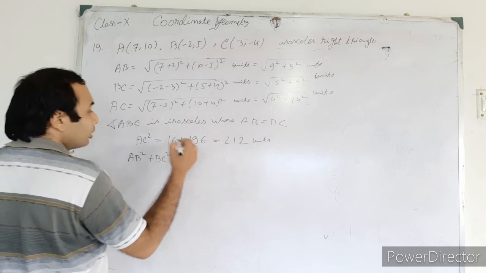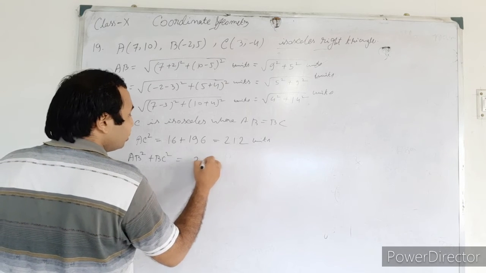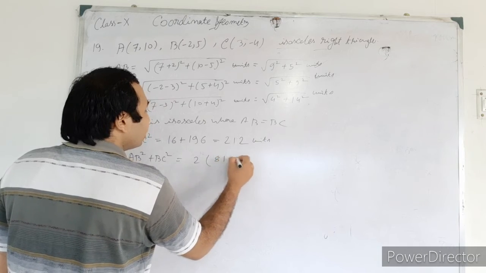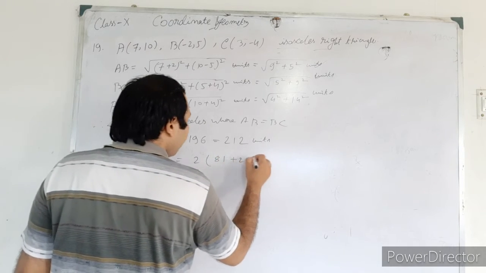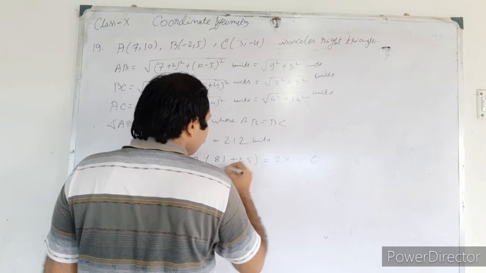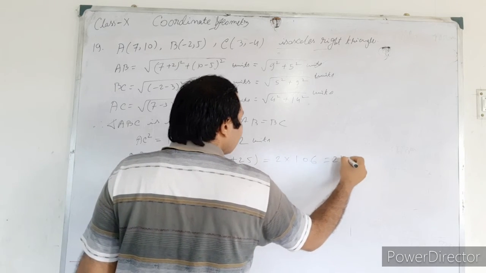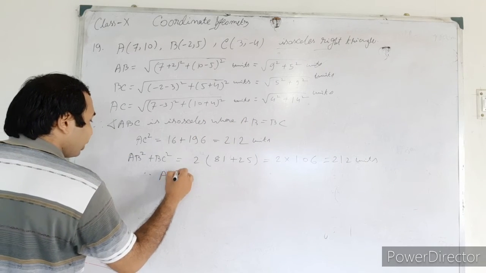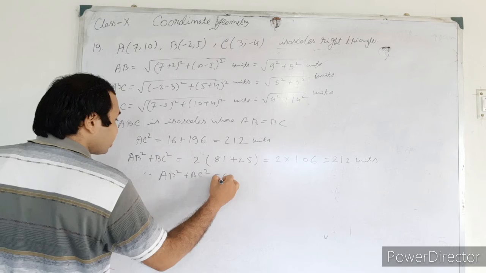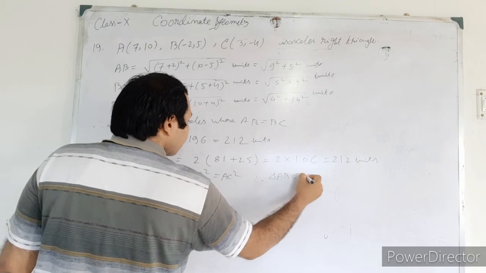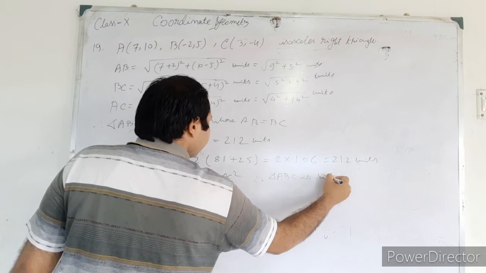It is 2 into (81 plus 25), so 2 into 106, which is also 212 units. So AB square plus BC square equals AC square. So obviously triangle ABC is a right triangle.